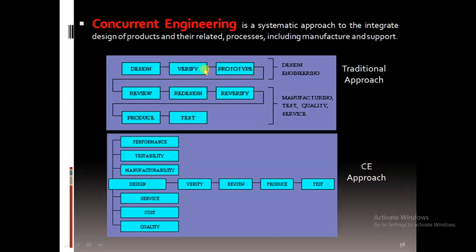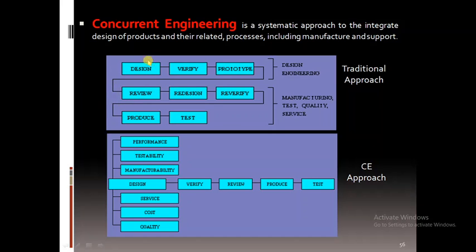All different departments were performing different activities, but here all the departments come together at one place initially and do the design activity related to the material. Suppose in the traditional approach, after the prototype, a review is taken and the manufacturing department may say this material is not okay, change the material.